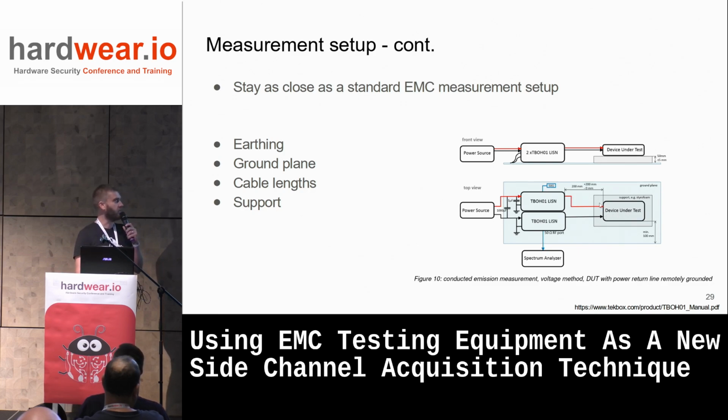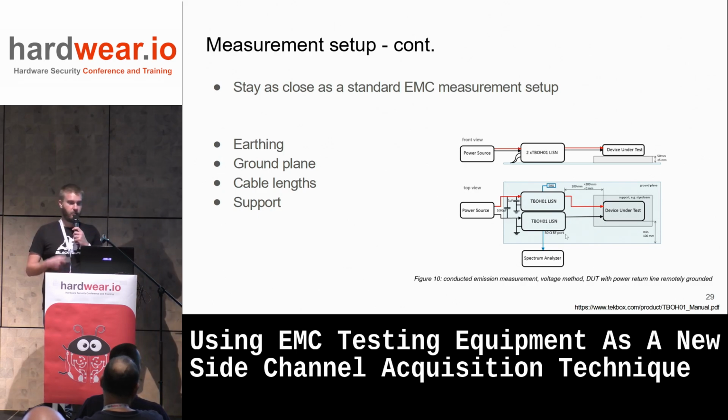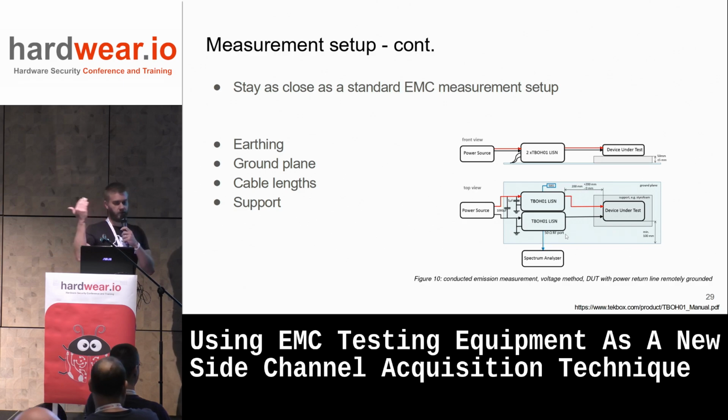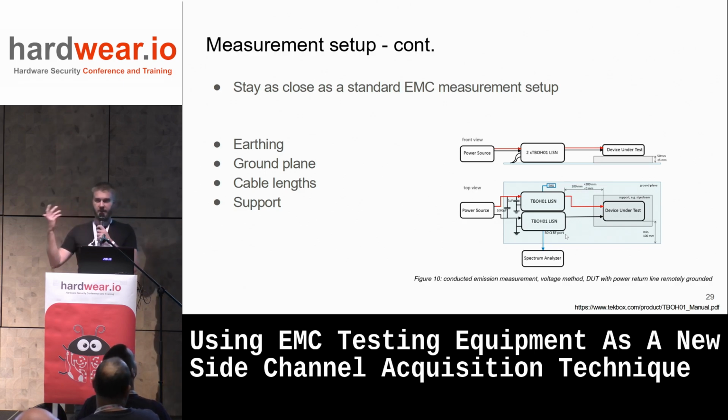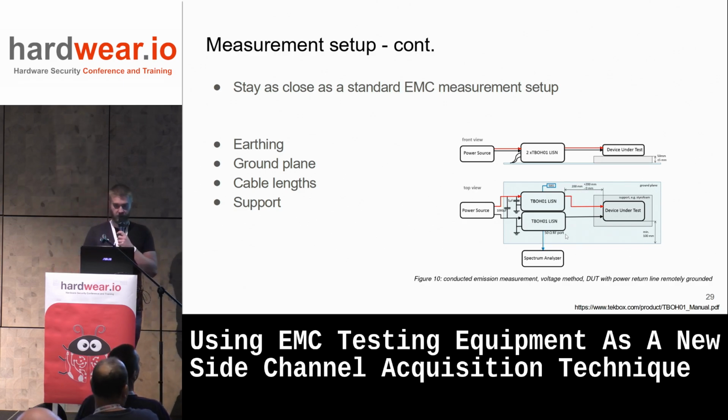So here it has to be less than 20 centimeters. The device has to be at least 5 centimeters above what they call the ground plane, which is a conductive material directly connected to Earth. That way it will remove some of the parasitic noise that you might have in your lab.